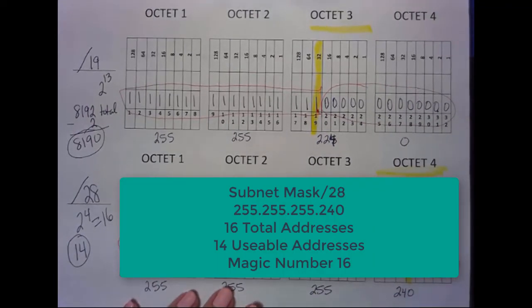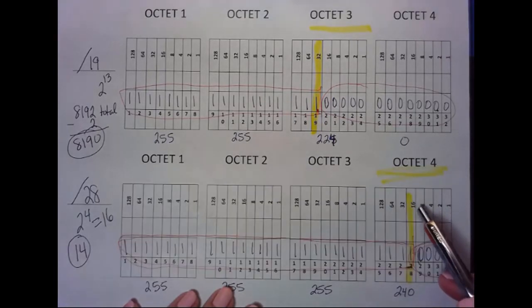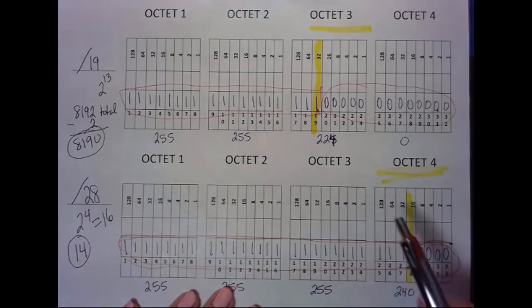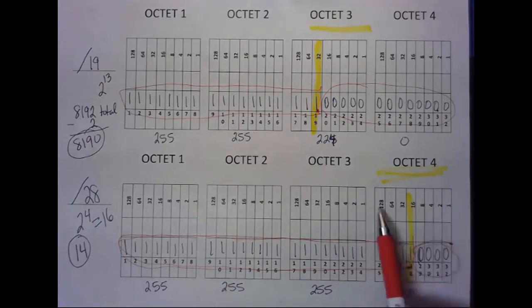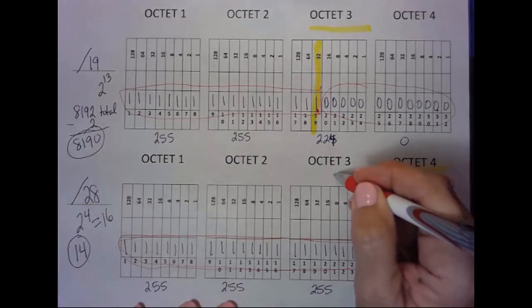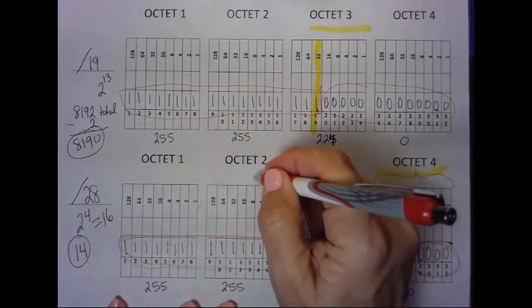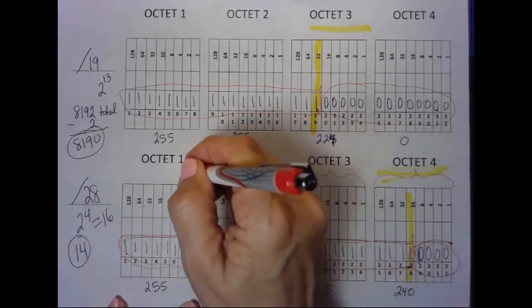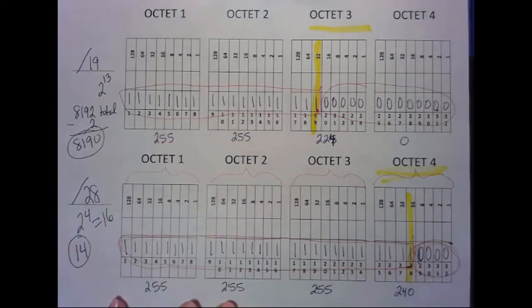Positional value is what we learned in week 1 or week 2: just 1, 2, 4, 8, 16, 32, 64, 128. Remember that positional value starts over in every octet. Every octet has its own positional value.